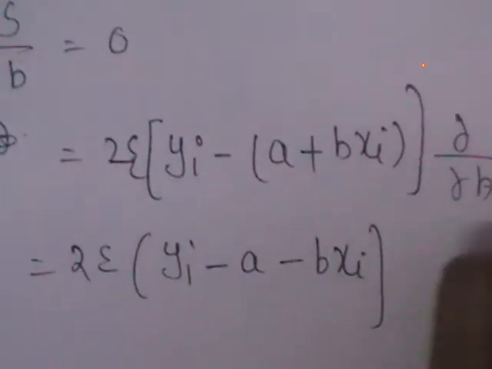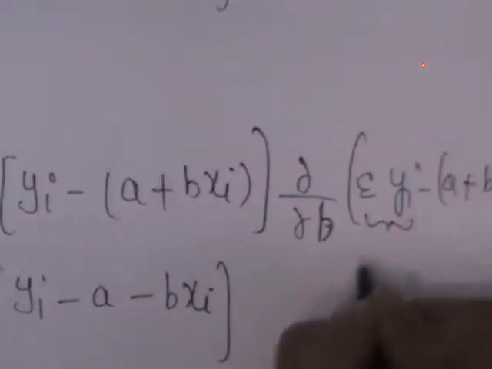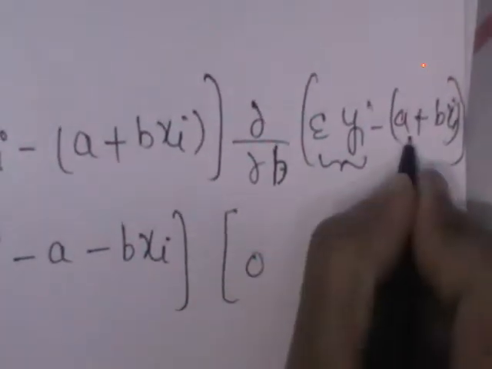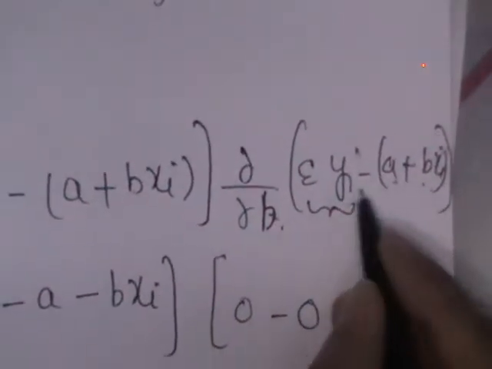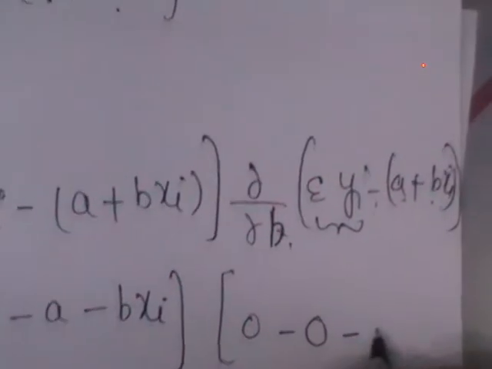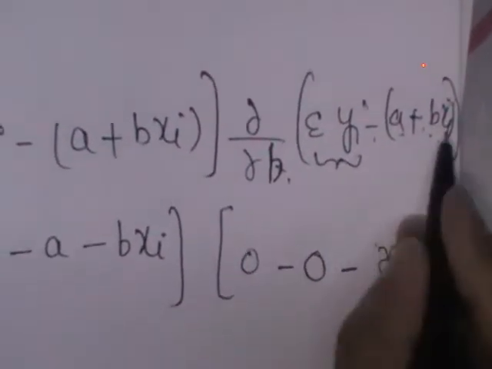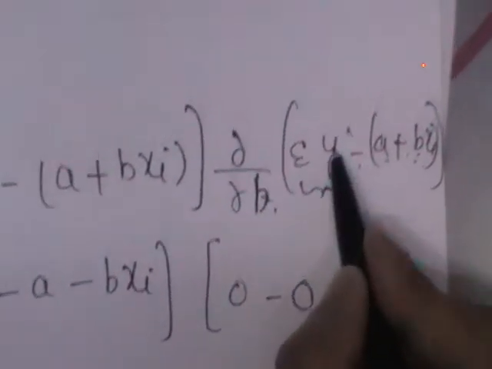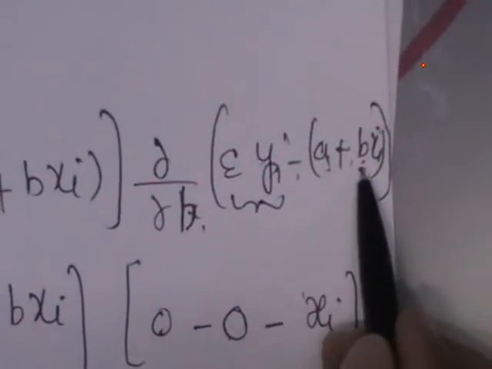Into what is the derivative of the first term? As you are differentiating partially, all other terms are considered as constants. Its derivative will be 0. A with respect to b is a constant, its derivative is 0. Here you have a minus sign, b derivative is 1, you will get here xi. What is the term here? It is independent of b, 0. Here you have bxi.